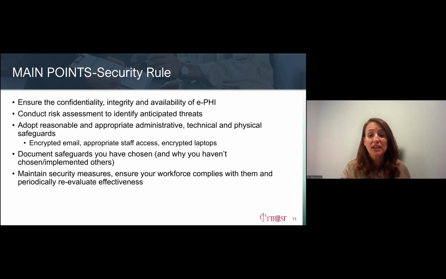Ensure the integrity of the information so that the data is being stored or transmitted in valid ways. It protects against risks of unauthorized modification, insertion, or deletion of data. And then obviously availability, which we talked about, that it's accessible and usable upon demand.